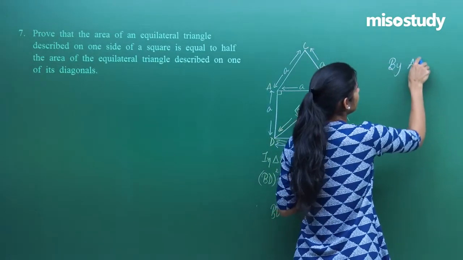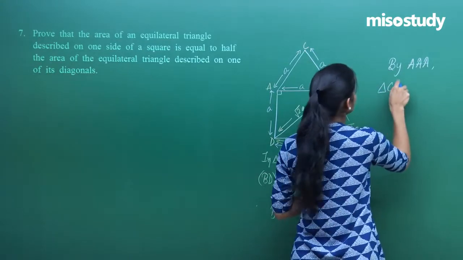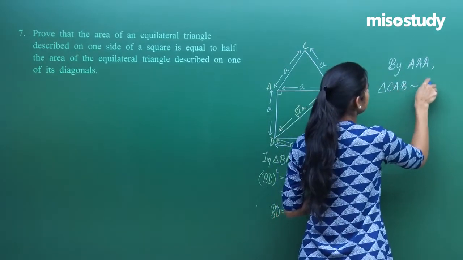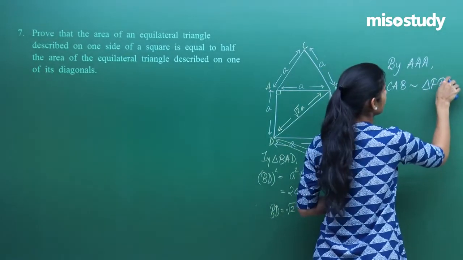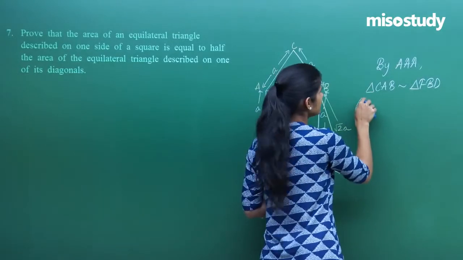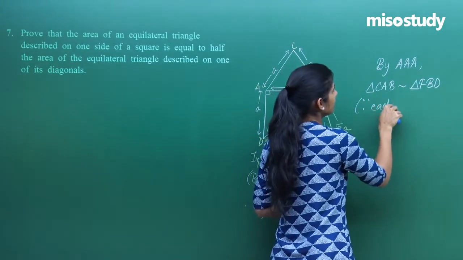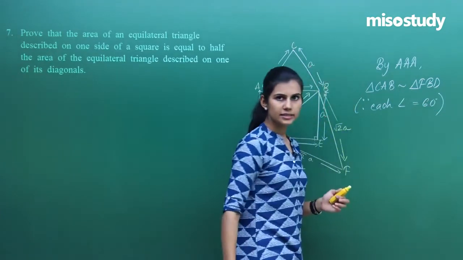By AAA, triangle CAB is similar to triangle FBD. Okay, why? Because each angle is equal to 60 degrees.